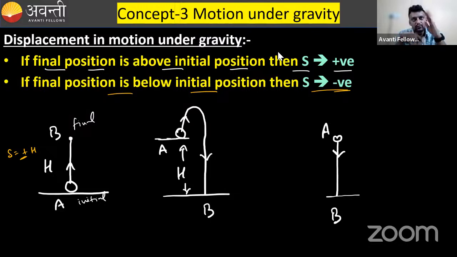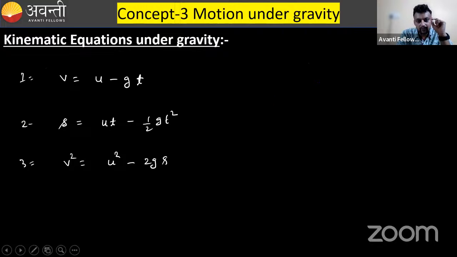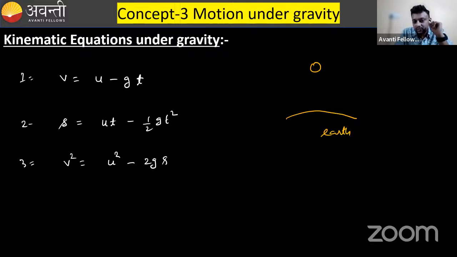Whenever the particle is moving in the vertical direction, the earth will try to pull it. For example, the particle is this, and this is our earth. The earth will exert some force on it. Suppose the mass of the particle is m. Whether it is moving upward or downward doesn't matter, the force applied by the earth on it is mg.